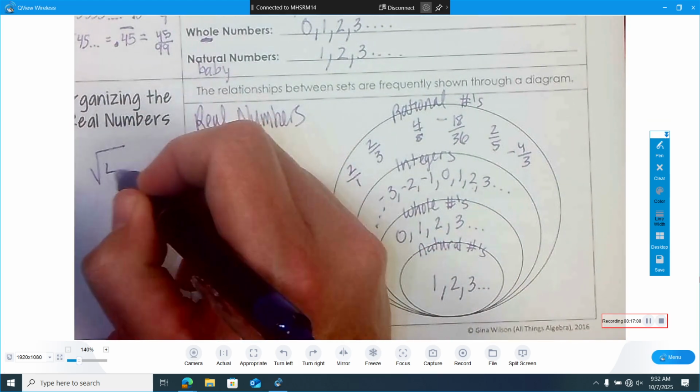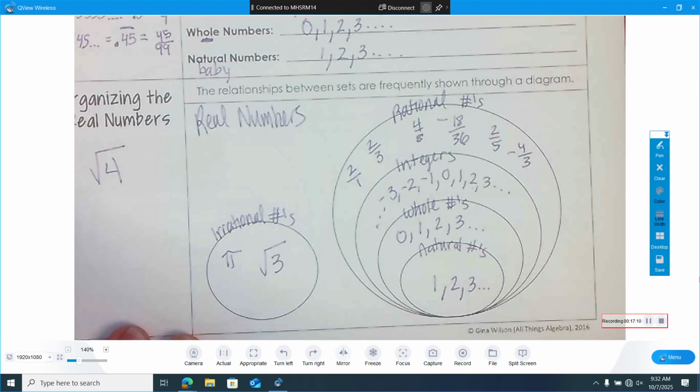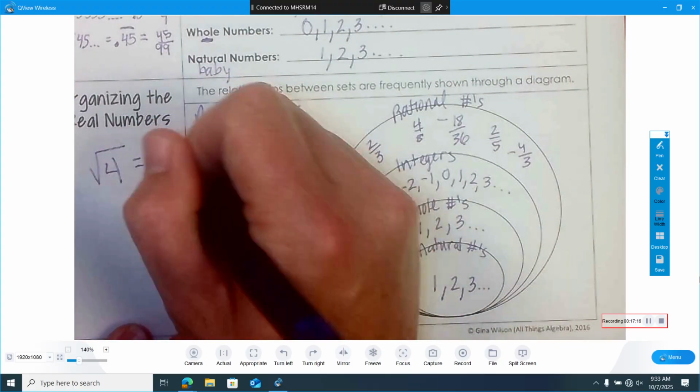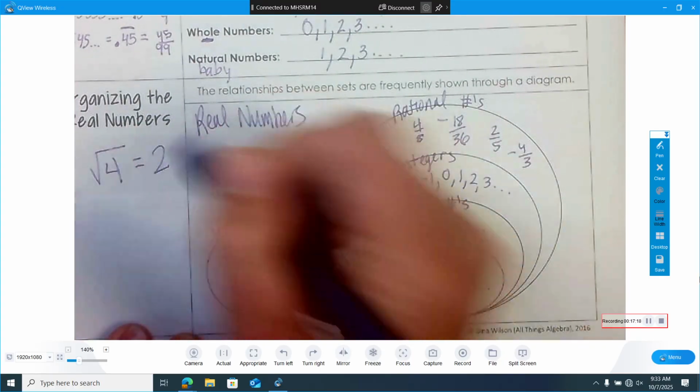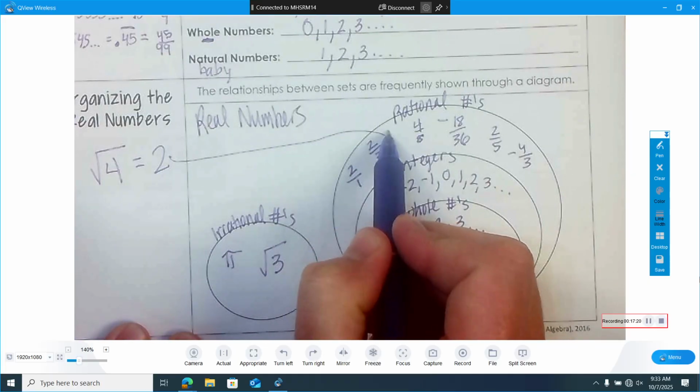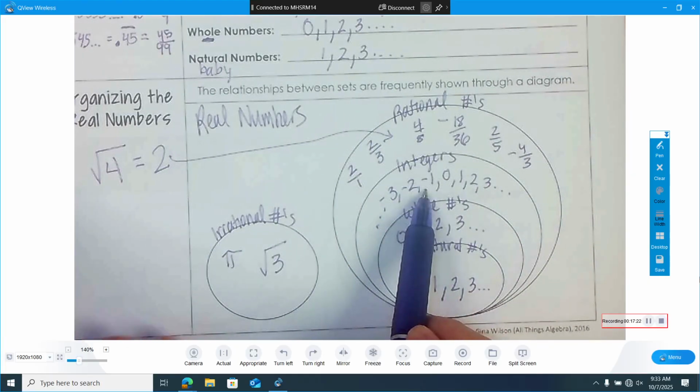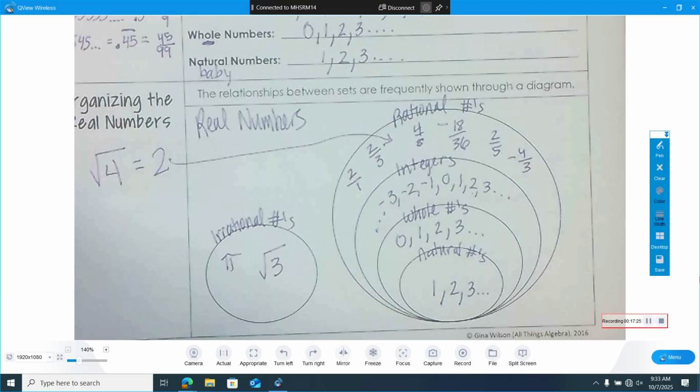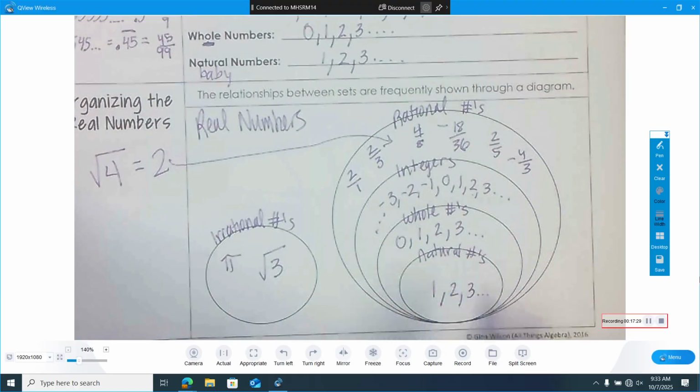Where does the square root of 4 go? Rational, yeah. The square root of 4 is 2, so it actually is a rational number. It's actually just an integer. So it could be, it's a natural number. Works out nice. You know what I mean?